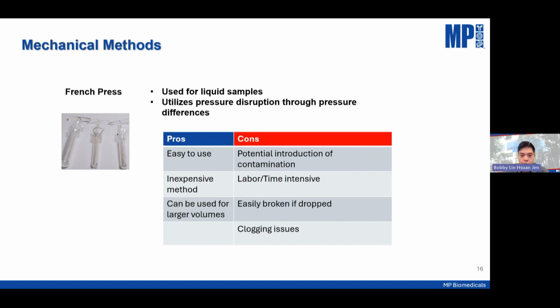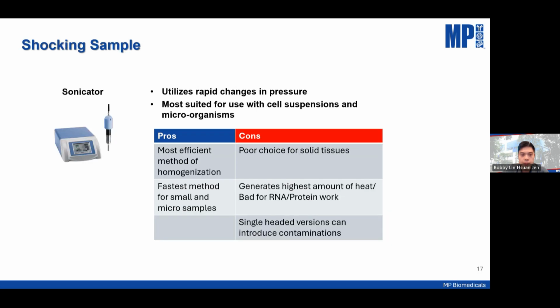With the disadvantages, we have the potential introduction of contamination again, being very time and labor intensive, easily broken. And also for this French press, there's an issue of clogging where your samples are minimized. And it's also limited to usually liquid samples.